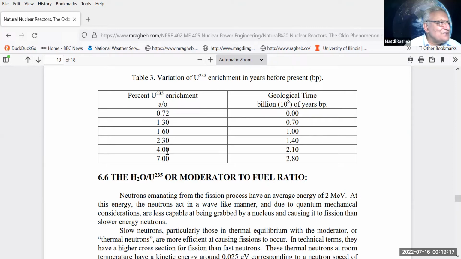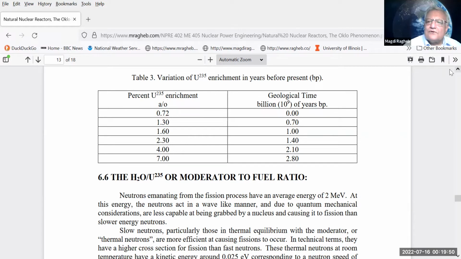And lo and behold, this is what humans have discovered in light water reactors. In light water reactors, the PWR and the BWR, the enrichment now is, in fact, in the range of 3 to 5%. Earlier on, 2.8 billion years ago, it would have been even higher, 7%. So today, we have only 0.72% that we are living with. And if we want to have natural uranium as a fuel, we need to use heavy water to decrease the absorptions of the neutrons in the hydrogen.